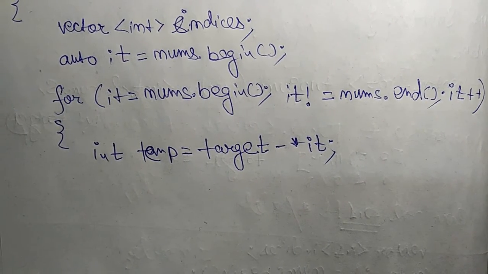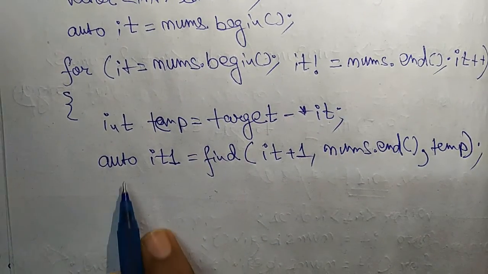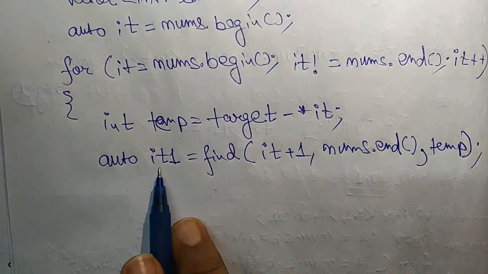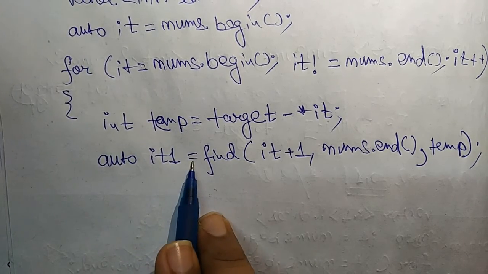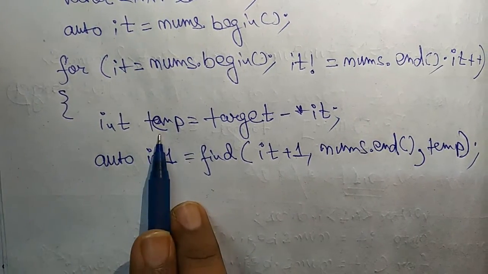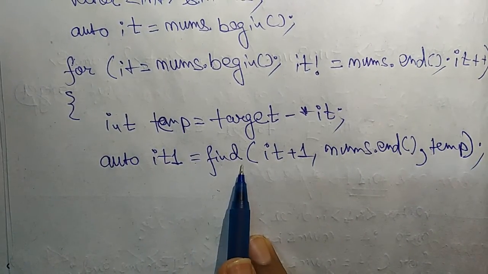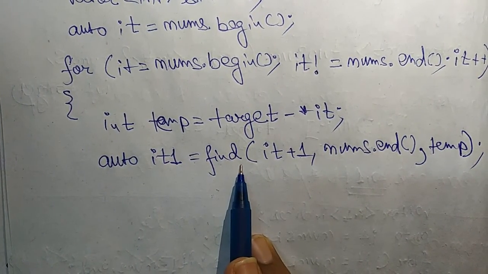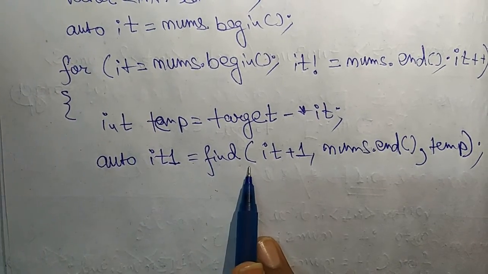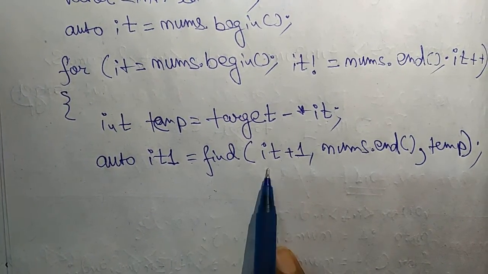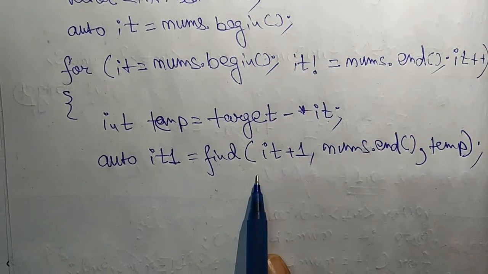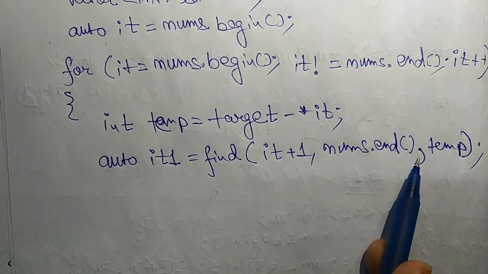Next, I have taken another iterator it1 which will store the index of temp, and I have found temp using the function find, which is available in the STL. It will find the element from it plus 1, comma, nums.end, comma, temp.